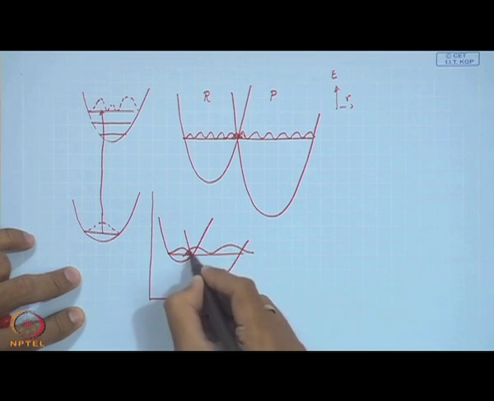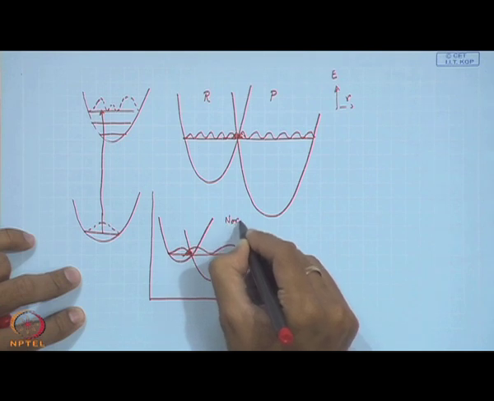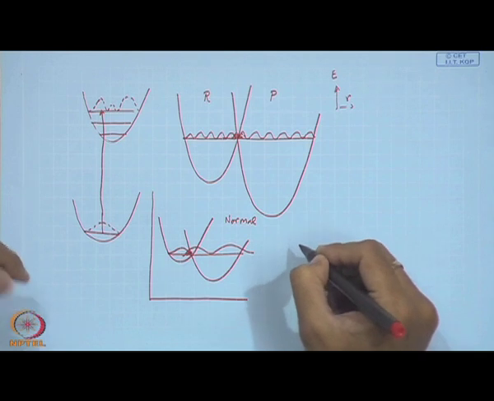So, there is a good amount of overlap over here for this normal case. So, vibrational function overlap, that is nuclear tunneling.